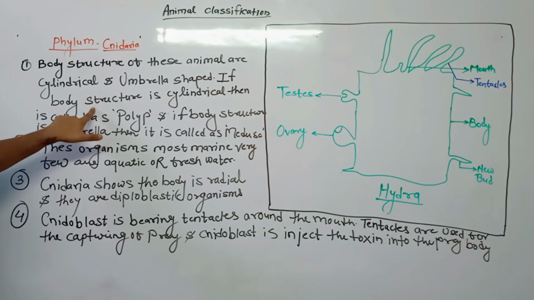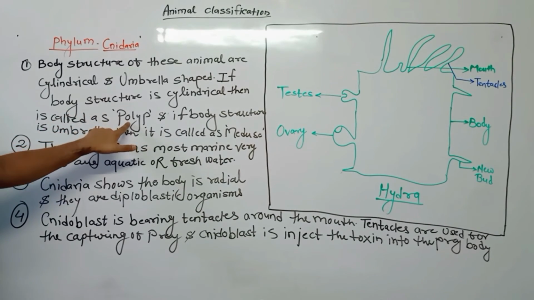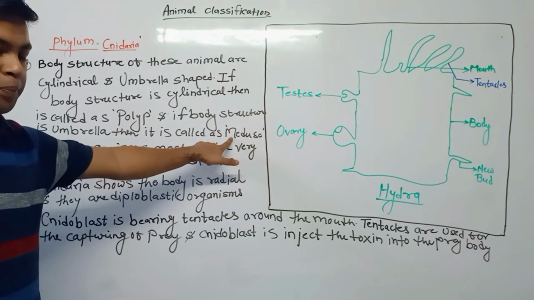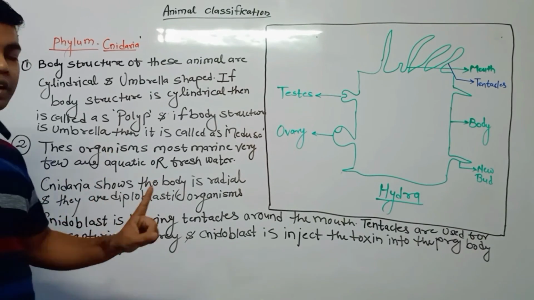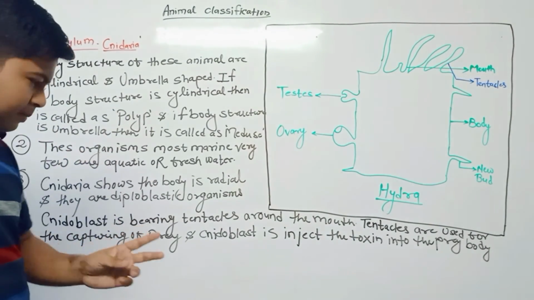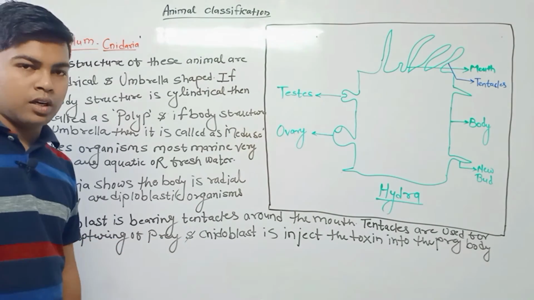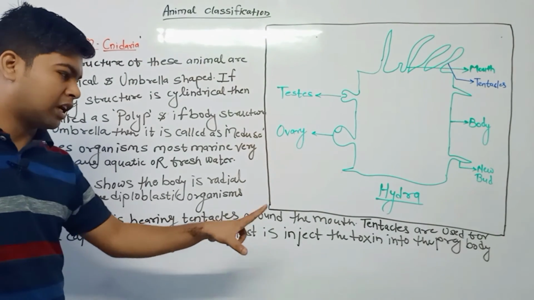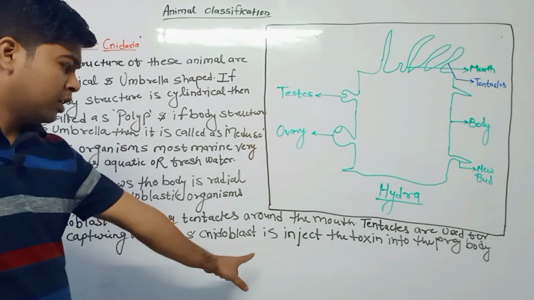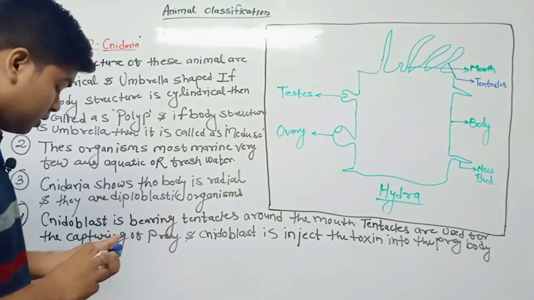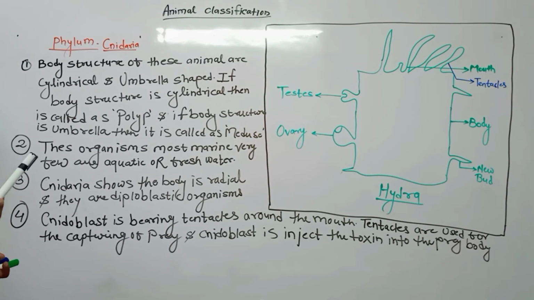If cylindrical body, then it is called as polyp. If body structure is umbrella shape, it is called as medusa. These organisms are mostly marine, very few are aquatic or freshwater. Cnidaria shows radial body symmetry and is diploblastic. Cnidoblast is bearing tentacles around the mouth. Tentacles are used for capturing the prey, and Cnidoblast injects the toxin into the prey body.